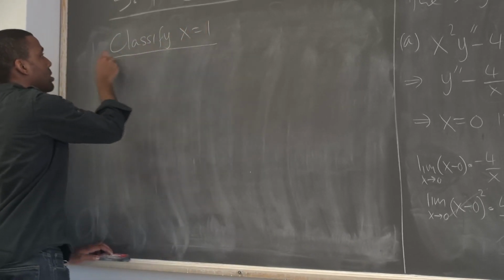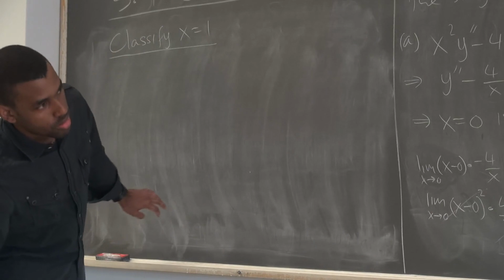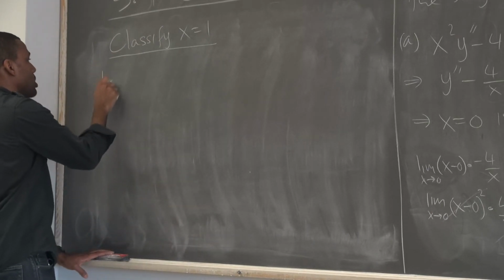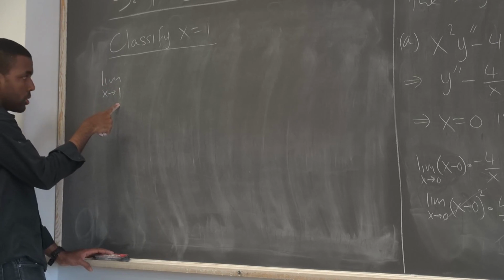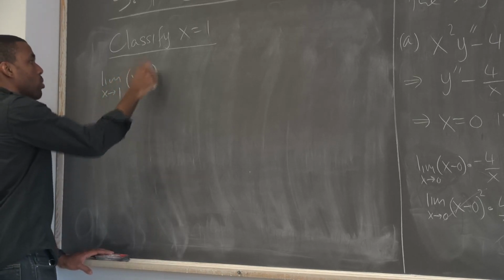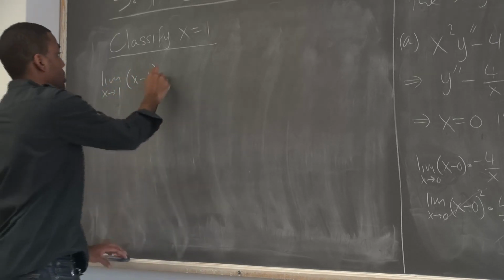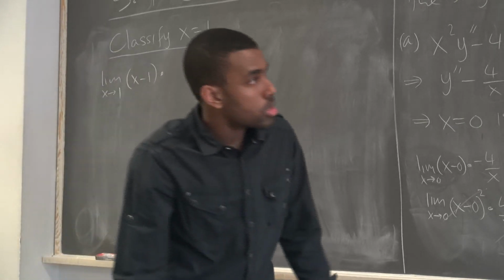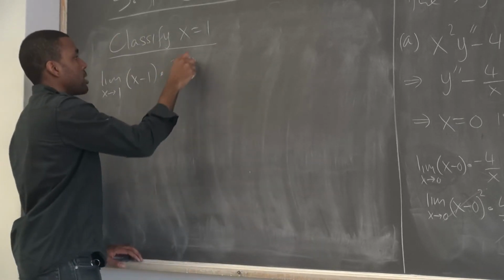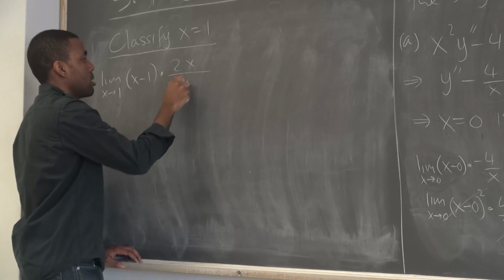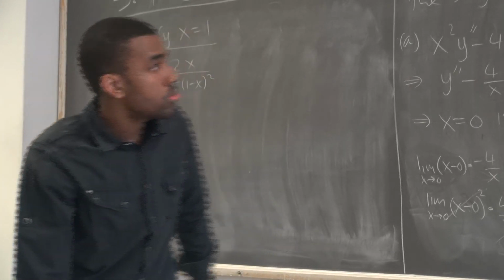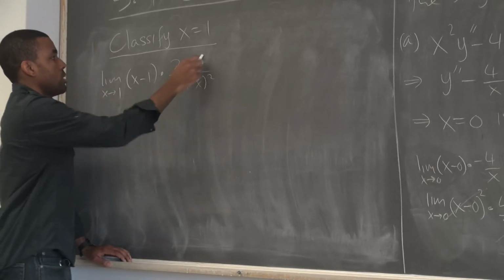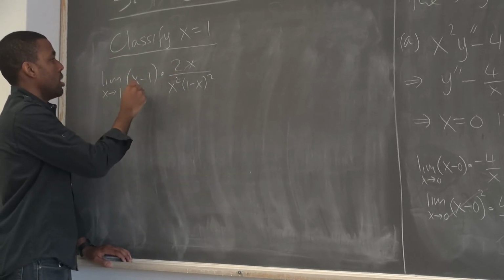Classify x equals 1. Which means we're going to do the limit now as x approaches 1, because 1 is the singular point. (x minus 1) times this first function, 2x over x squared times 1 minus x. This x will cancel that x.